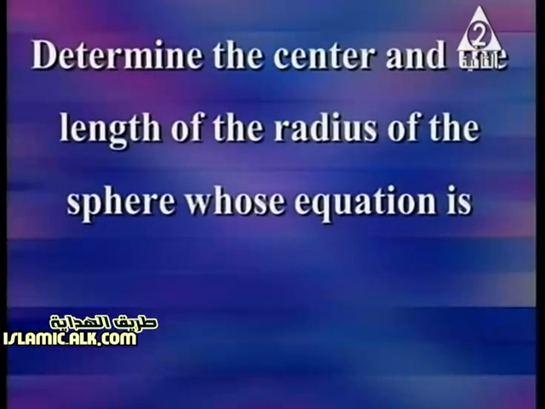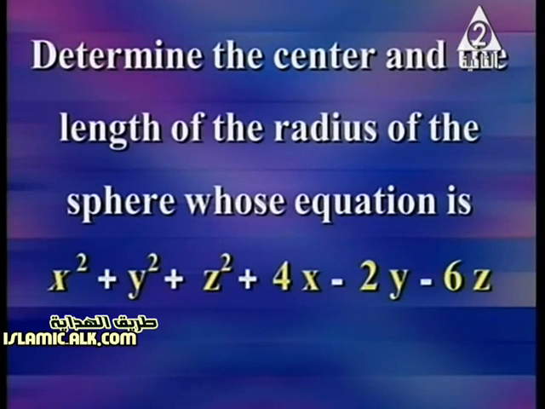Determine the center and the length of the radius of the sphere whose equation is x squared plus y squared plus z squared plus 4x minus 2y minus 6z plus 11 equals 0.